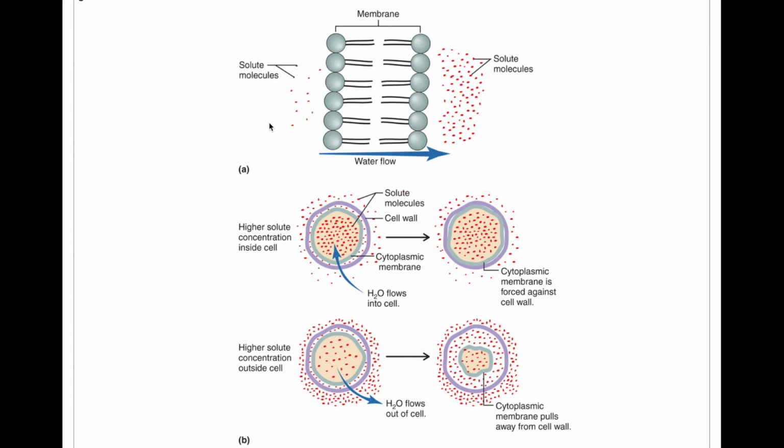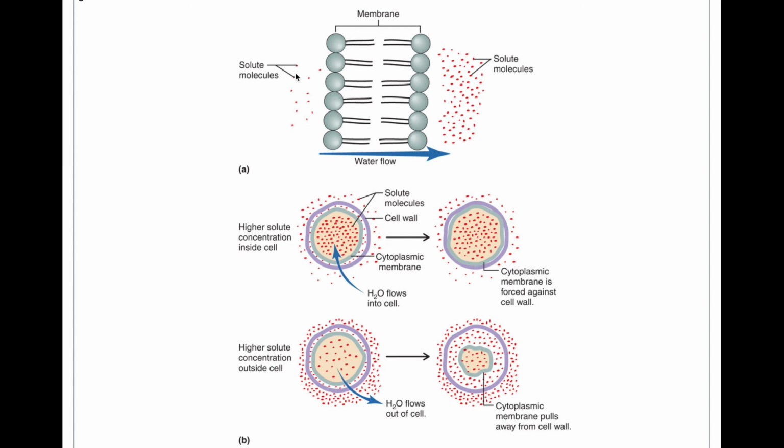So more often than not, the membrane is impermeable to the solutes, and therefore a concentration gradient becomes established on the inside and the outside of the cell, and water adjusts for that concentration gradient to create isotonicity, or equal concentrations on either side.